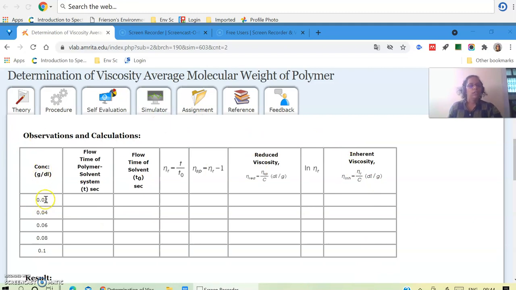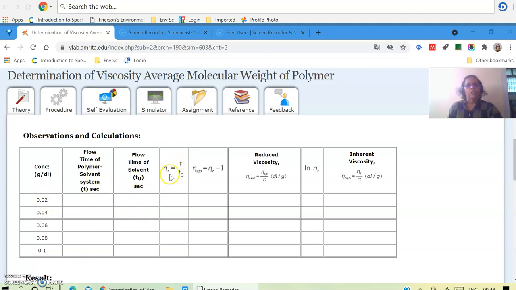Here these are the concentrations. You will select 0.2 grams per deciliter, so 0.2, 0.4, 0.6, 0.8 and 1.0. For each of these concentrations you will find the flow times, and then you will find the flow time for the solvent, T0.